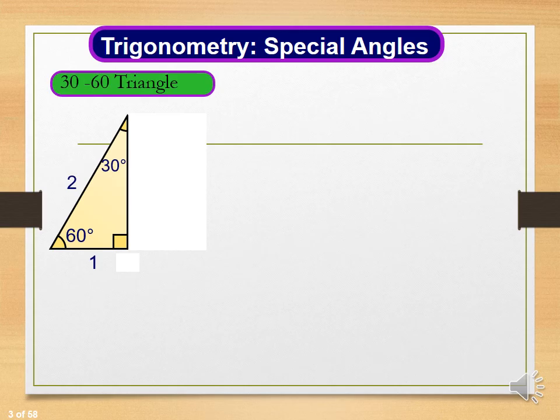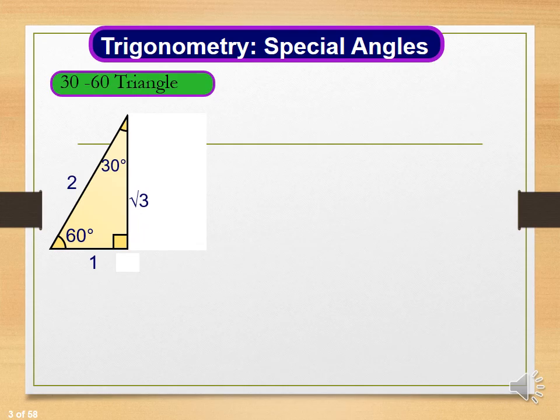If it is assumed that the length of each side is 2 units, it therefore means the side opposite the 30 degree will be 1 unit, and the side opposite the 60 degrees can be calculated using Pythagoras theorem. 2 squared minus 1 squared gives us 3. Therefore, the length of that side will be √3.